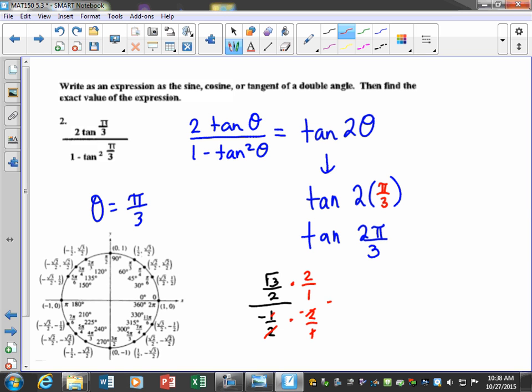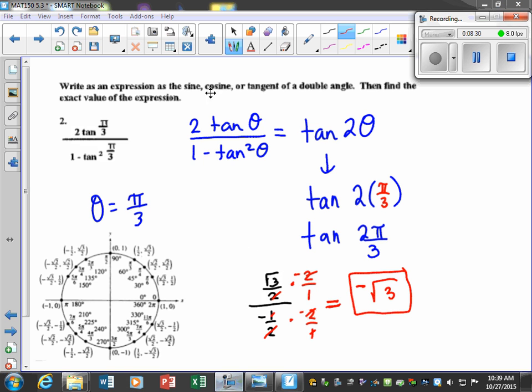Everything on the bottom is going to simplify, and we're going to be left with negative square root of 3. So we will use our formulas to get us to this point to evaluate, and then of course we just fall back on being able to use our unit circle to get an exact value.